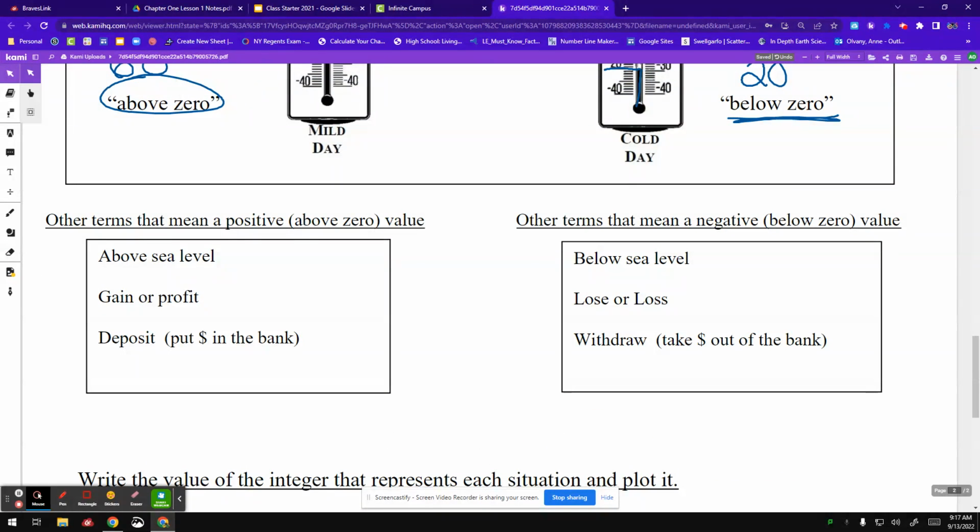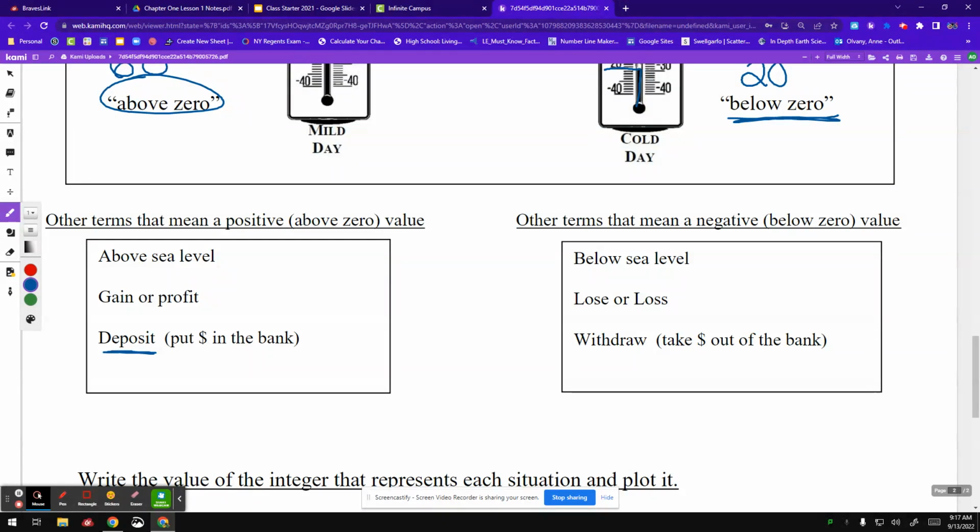So here are some other terms that would indicate that you have a positive number above zero. Above sea level. We talked about your bank account. You can gain money or make a profit. That would be positive. You can deposit money into your bank account.